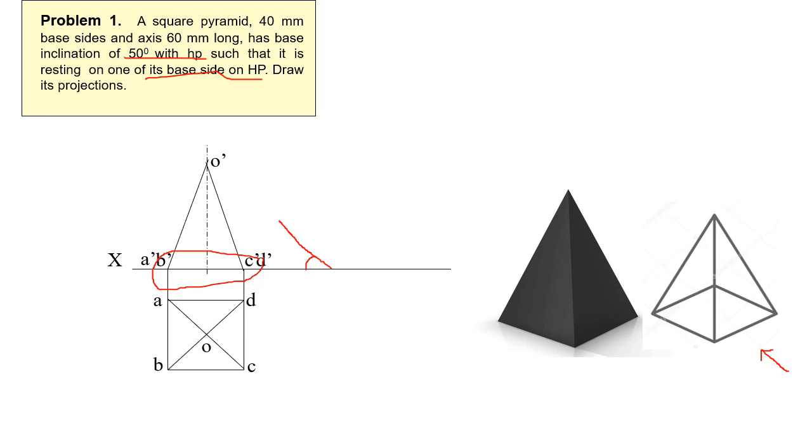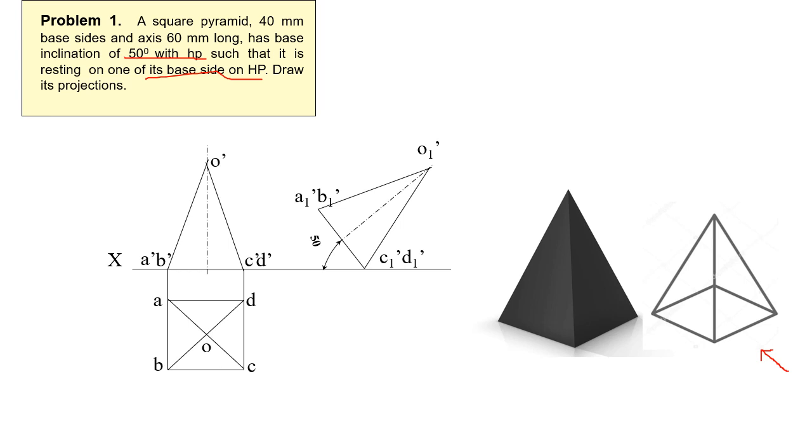So we have to draw this. Therefore, what we will do is copy this geometry and put it at a 50 degree angle. Now let's see, just like this one.